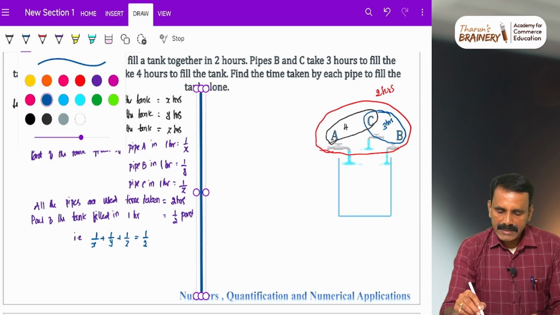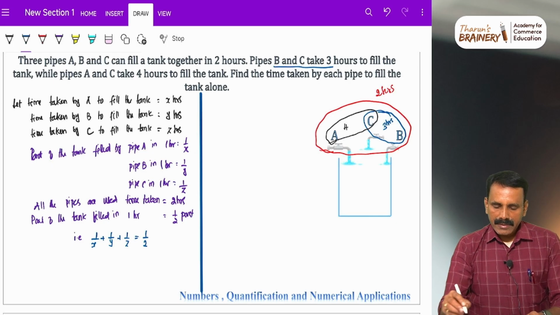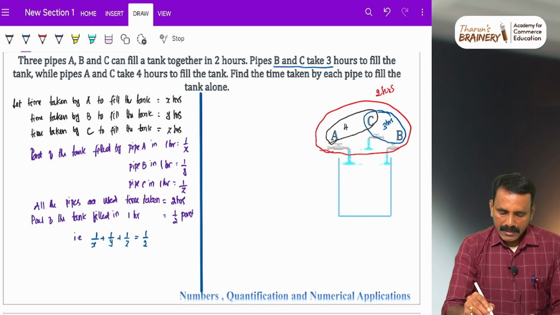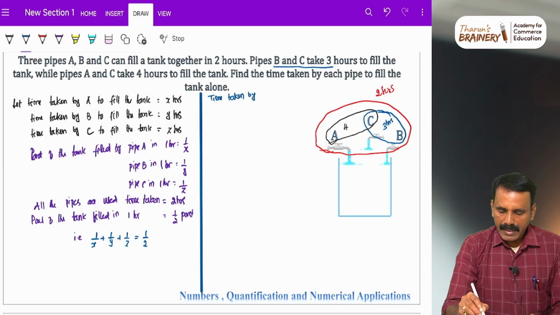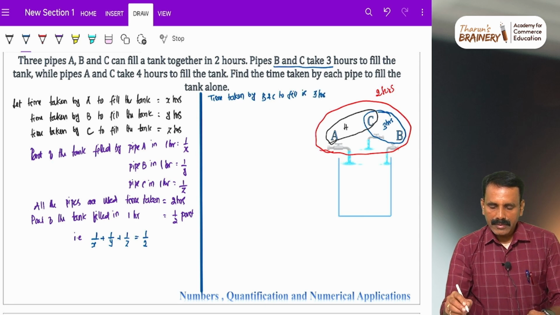Now we use the second case. B and C takes 3 hours, correct? Time taken by B and C to fill the tank is 3 hours. Okay.